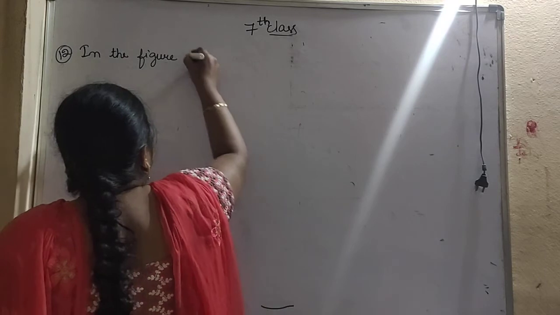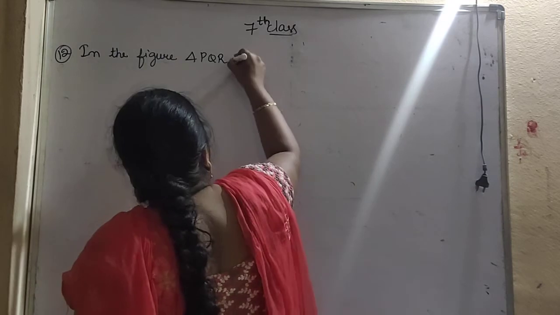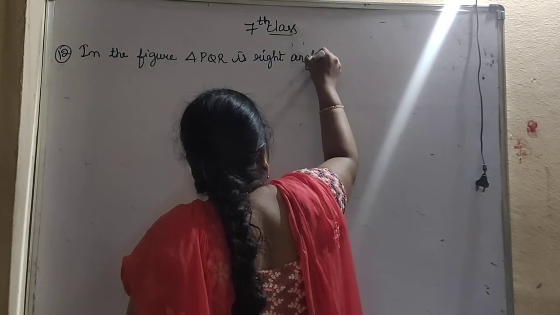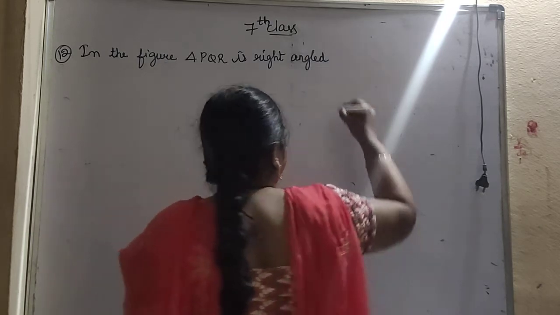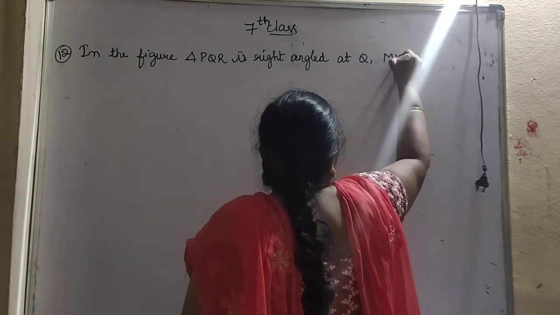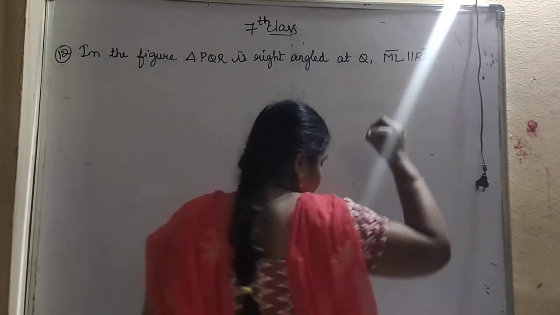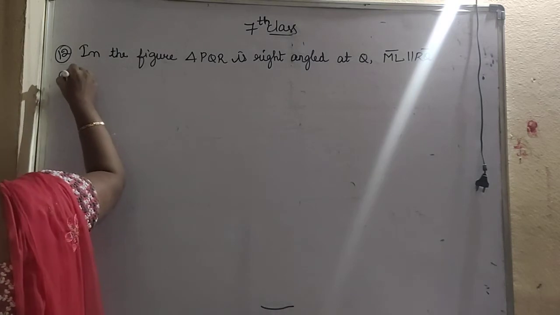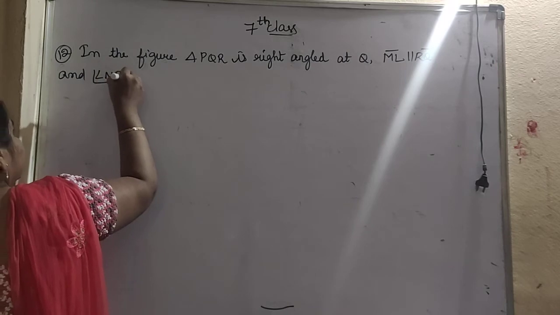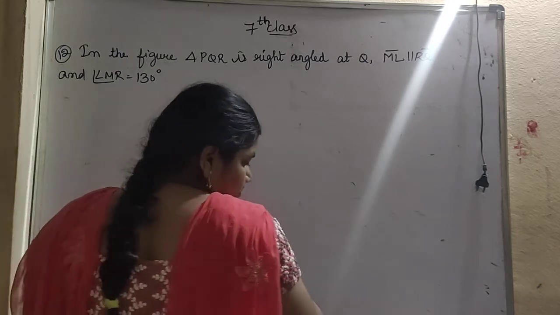In the figure, triangle PQR is a right angle at Q. ML line segment is parallel to RQ line segment, and angle LMR is equal to 130 degrees.